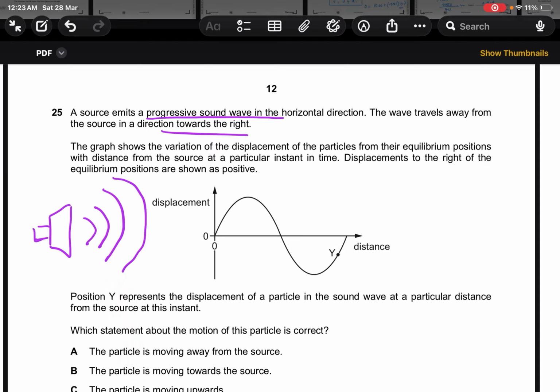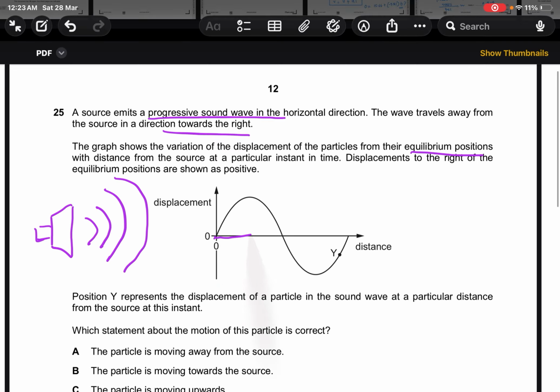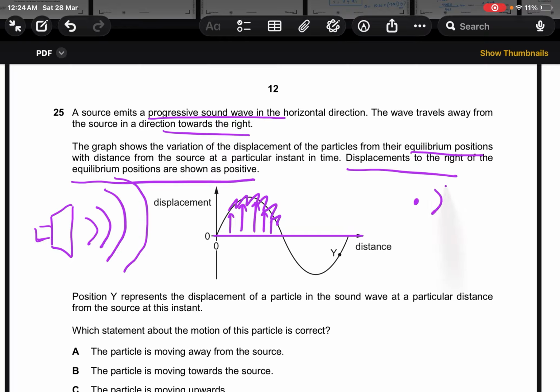The graph shows the variation of the displacement of the particles from the equilibrium position. So that's the mean position of the particles. Over here, particles have displaced to the right. The displacements to the right of the equilibrium positions are shown as positive. So basically, the particles over here have displaced to the right, moving away from the equilibrium position.